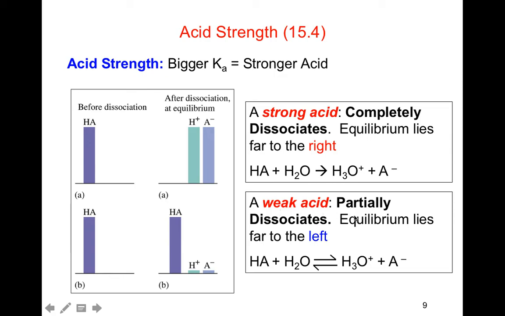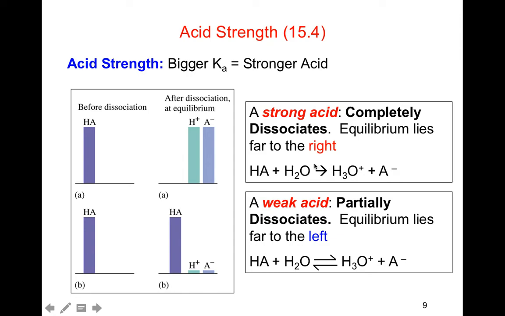A weak acid is defined as an acid that only partially dissociates. So in this case, we would say that the equilibrium lies far to the left. This is again before dissociation. So we just added acid, so all I have is HA. But when I come to equilibrium for a weak acid, I have mostly the reactants remaining and only a little bit of the products being produced.